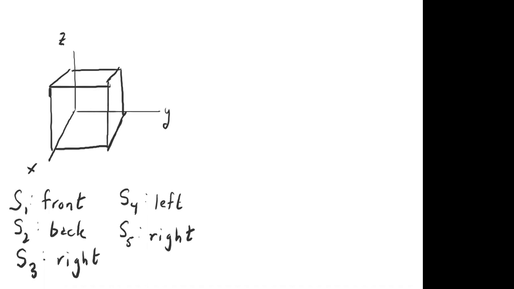So each one of these sides has a unit normal vector. So it's clear that here are the unit normal vectors for the front and back. For the left-hand side, here's the unit normal vector.